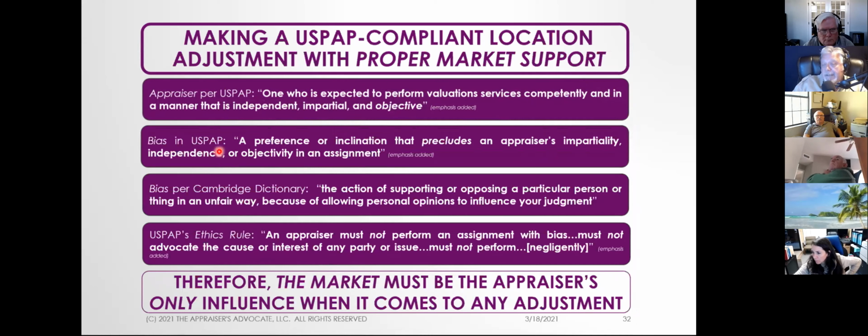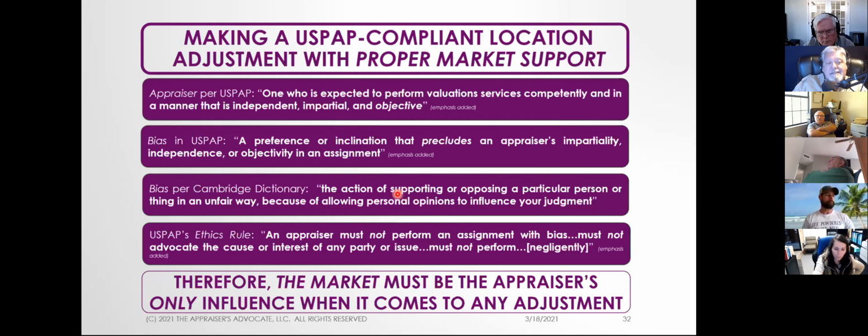Here's USPAP's definition of bias: an inclination that precludes an appraiser's impartiality, independence, etc. The Fannie Mae Selling Guide doesn't define bias, but as it talks about bias, it limits it to race, color, religion, that kind of thing. Not to say that isn't bias, but you'll notice USPAP's definition of bias is much wider, and it is not limited to race, color, religion, et cetera.